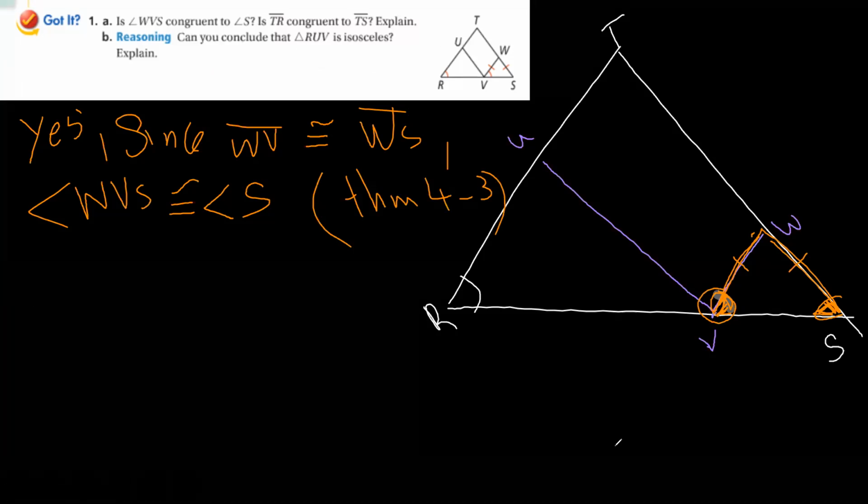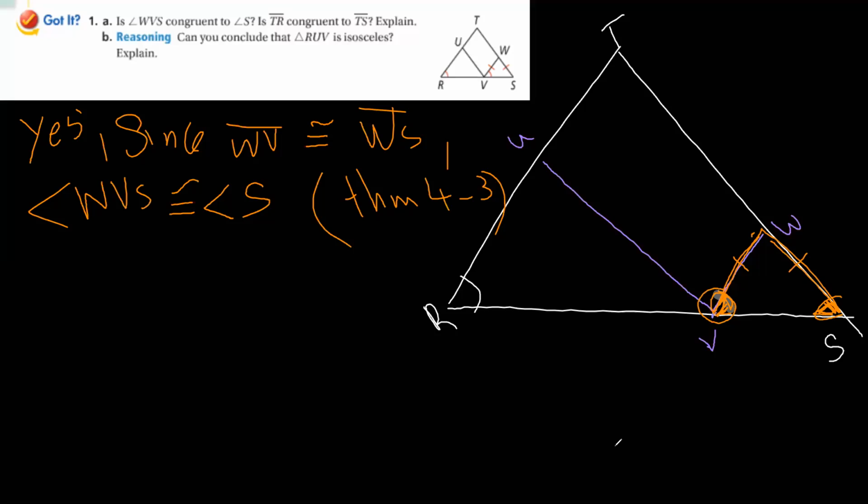Now, the second one is TR. Where's TR? This one. Miss, here they are saying theorem 4.3 says that if two sides of the triangle are congruent, then the two angles will be congruent. Yes.